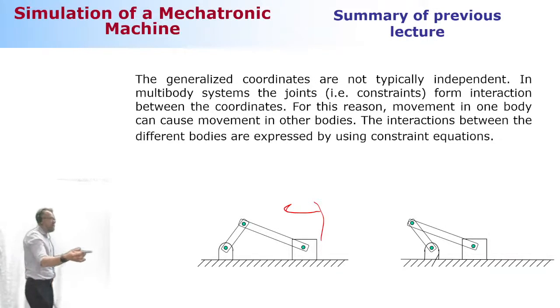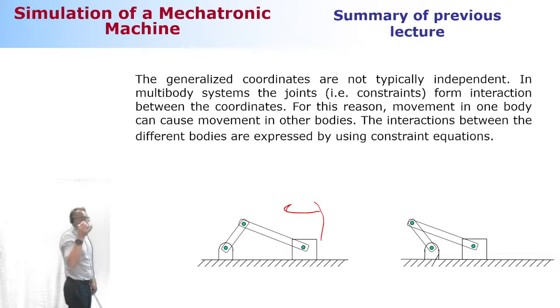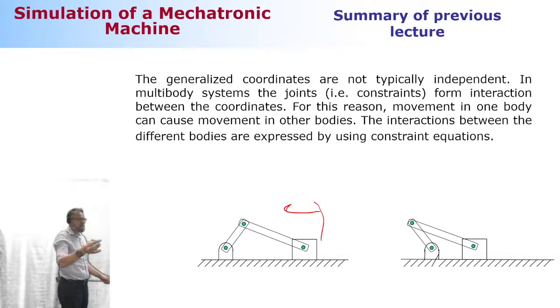What is this certain way? This is defined by constraints, because the constraints are telling the neighboring bodies that no, you cannot move as you want, but you need to obey the motion of the piston body. That's coming because of the constraints.